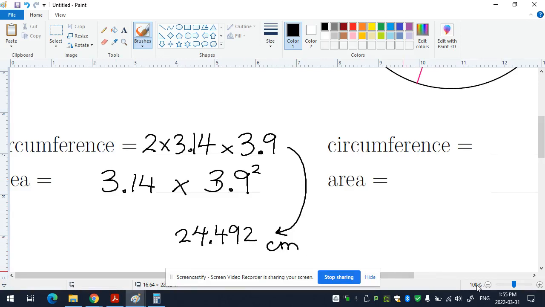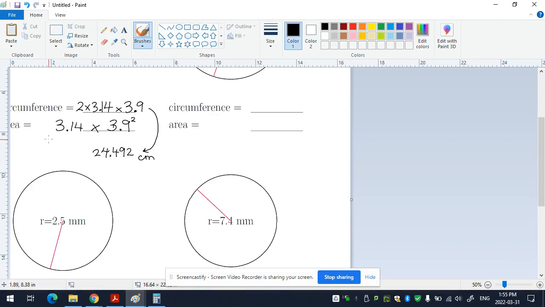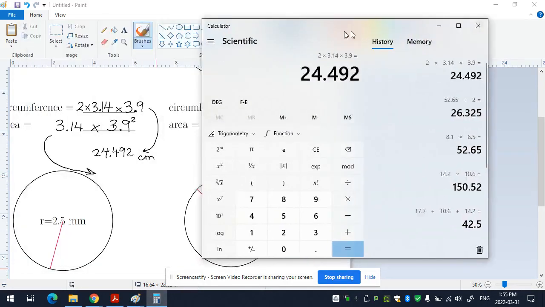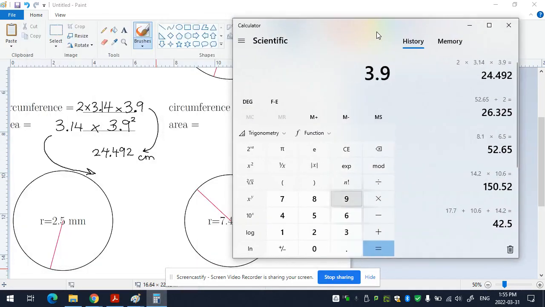So let me just zoom out. Let's do it as a square. So here it is, 3.9 squared. Times what? What do I times this by? Come on, according to the calculation. I've already done the square part.